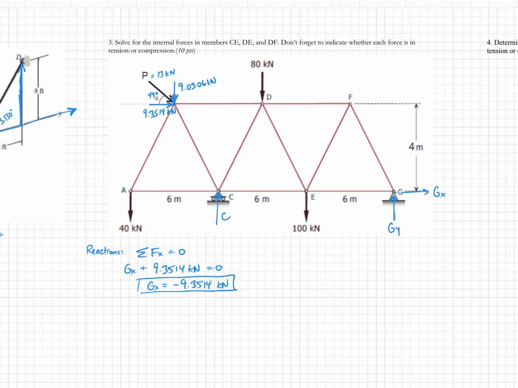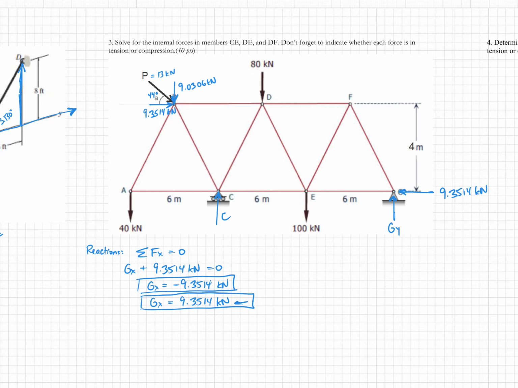Okay, so I'm going to go ahead and erase this one because I don't like negative numbers. So I'm going to put it going like this. So 9.3514 kilonewtons. I'll make note that GX equals 9.3514 kilonewtons going this way. Okay, cool. All right, now I need GY or C.